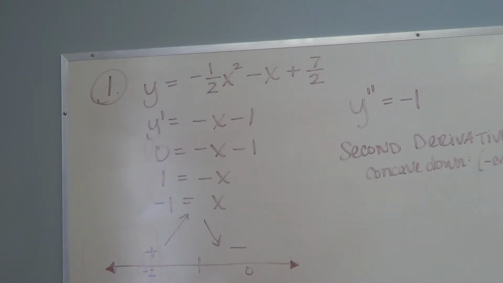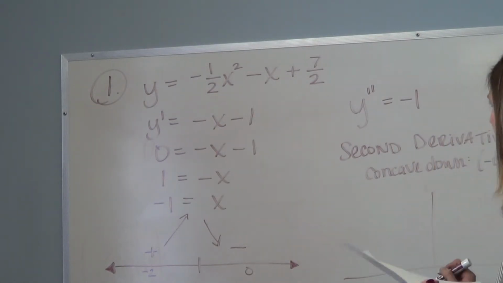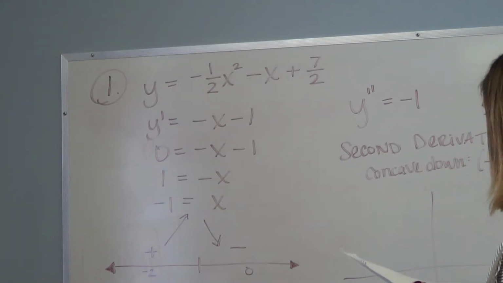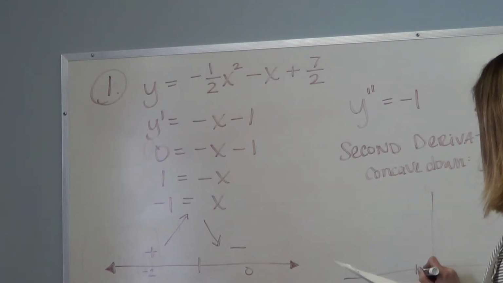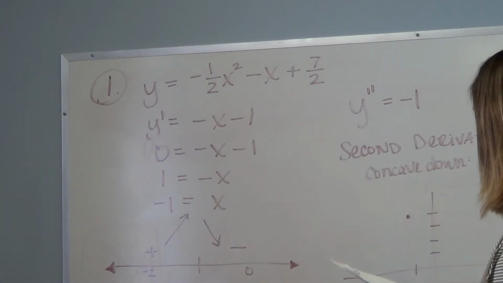Your assignment does also say to find the x and the y intercepts. I'm trying to think if we can make an accurate sketch. Basically all we know is there's a max, and we know it's concave down.